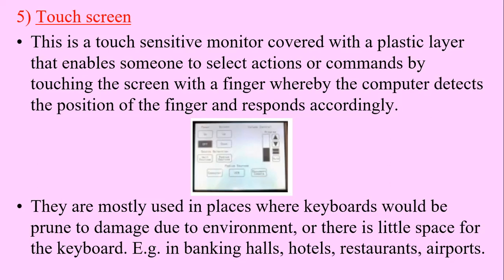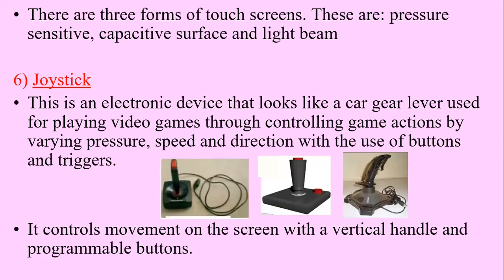For example, in banking halls, hotels, restaurants, and airports. There are three forms of touch screens, which are the pressure-sensitive, the capacitive surface, and the light pen or the light beam touch screens.